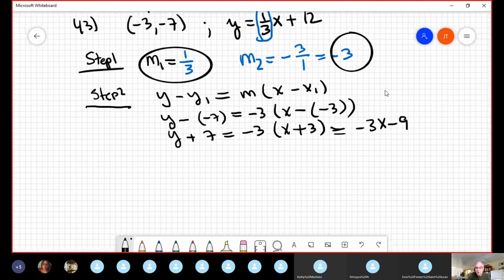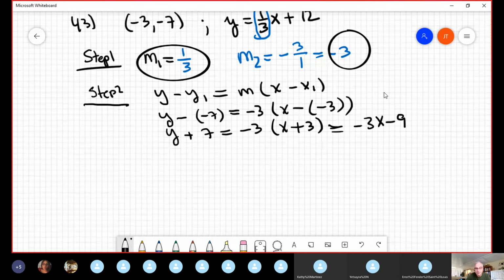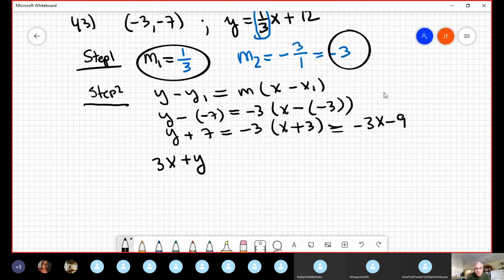Organize in standard form. I move every variable to the left. So we have 3x positive plus y can stay, -9, and move 7 like a -7. It's -16. The answer is 3x plus 1y equals -16.